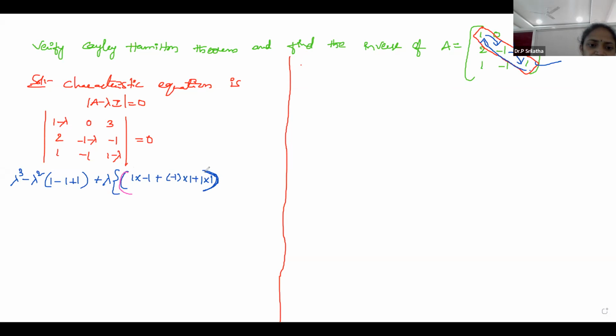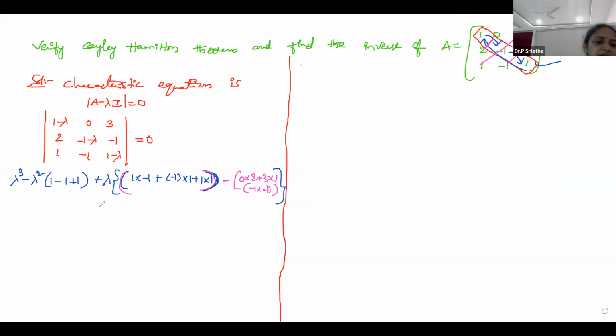Here the non-diagonal elements are 1 0 3, 1 minus 1 1, isn't it? So this will be 0 into 2 plus 3 into 1 and minus 1 into minus 1. Okay, so this will be over.